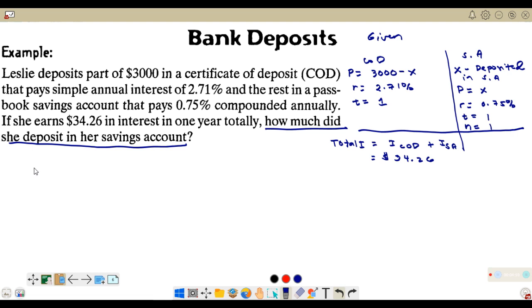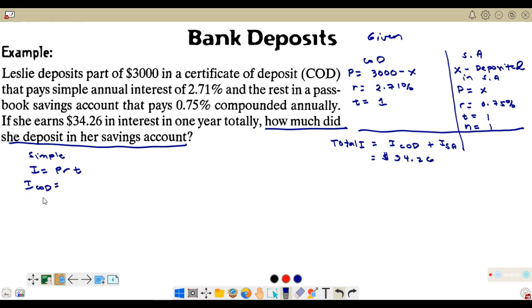If you still remember, the formula for the interest sa simple interest is I is equal to PRT. So all you have to do is to substitute P, R, and T. You will get the total amount of interest for the COD. So let's try it out.